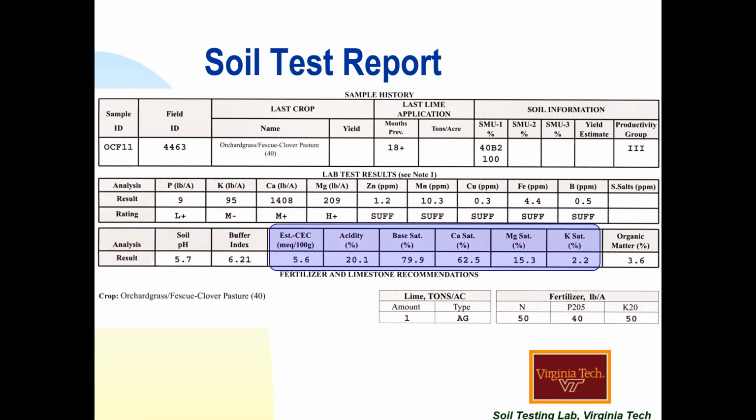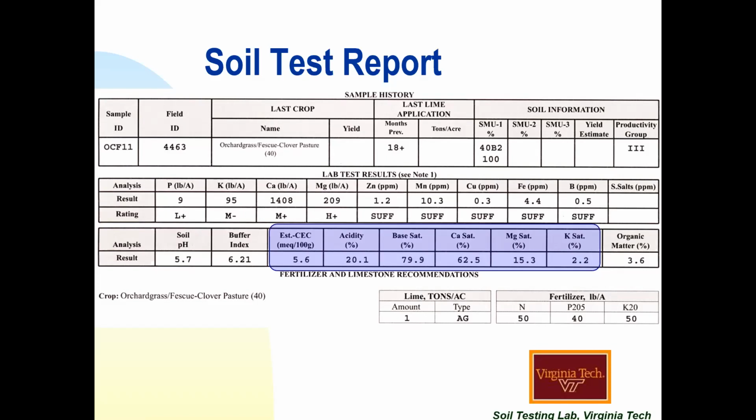But the cation exchange capacity, the negative charge of a soil, it's either covered with acidity or your base cations, your calcium, magnesium, and so on. So you can see the acidity plus the base saturation add up to 100. And then there's the ratio of calcium, magnesium, potassium, and these ratios aren't used in our recommendations, as the previous speaker talked about.